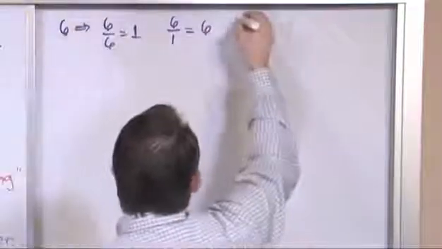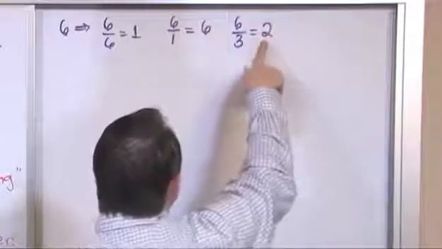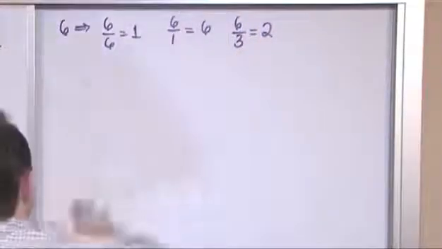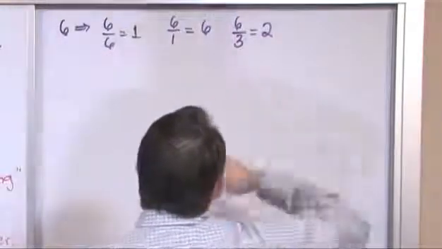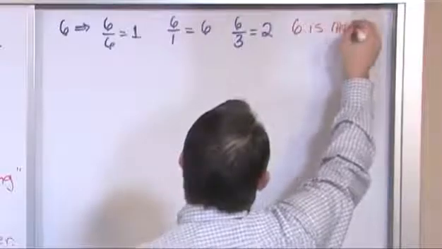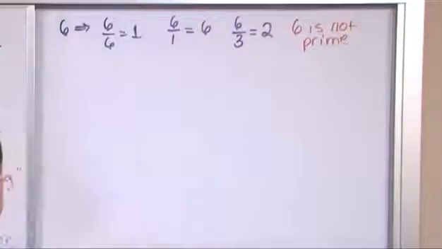But you can also divide 6 by 3, let's say, and you get a nice even number of 2. So you're able to divide this number by something other than itself and 1, and because of that, 6 is not prime.